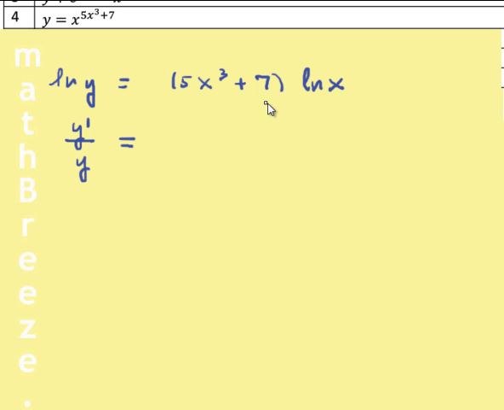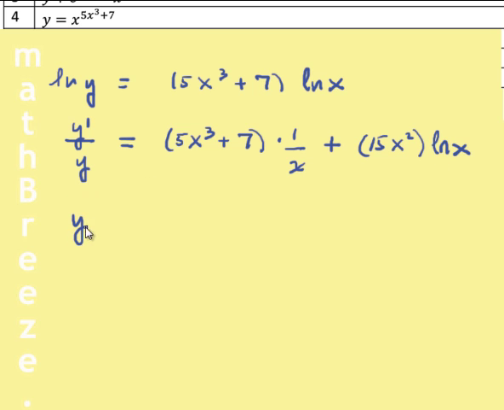On the right, we're going to do a product rule, so we have the first times the derivative of the second plus the derivative of the first times the second. And finally, y prime is equal to y, multiply both sides times y times this expression.